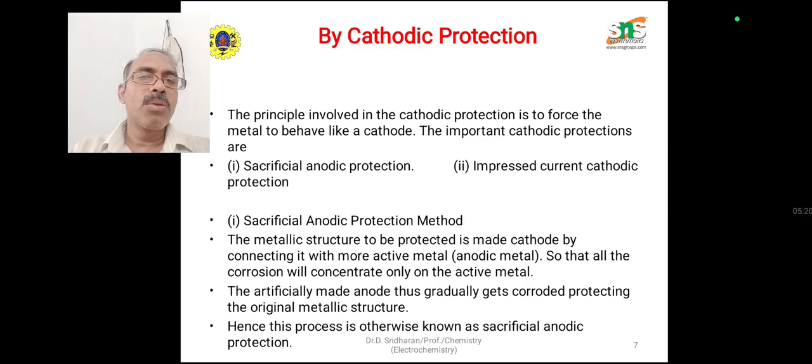The metallic structure to be protected is made the cathode by connecting it with a more active metal, so that all the corrosion will concentrate only on the active metal. The remaining place is safe, that means it behaves as a cathodic part. The artificially made anode thus gradually gets corroded, protecting the original metallic structure.